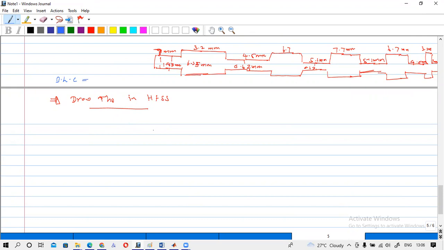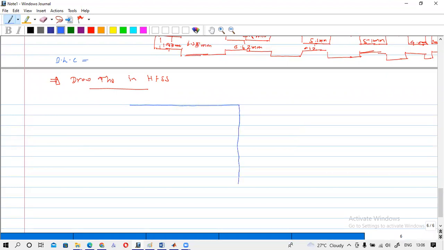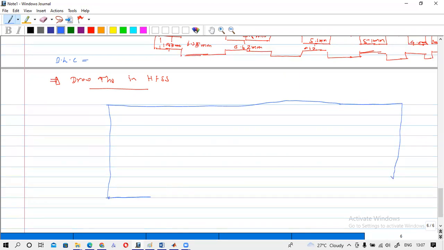So I think you can do it like this. First, you can draw a rectangle in HFSS like this, and assign it to copper.